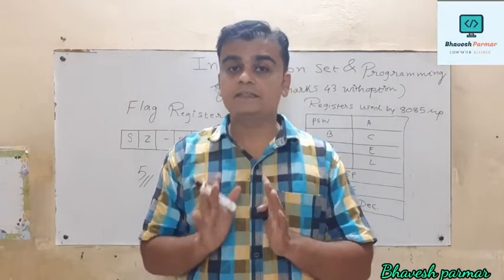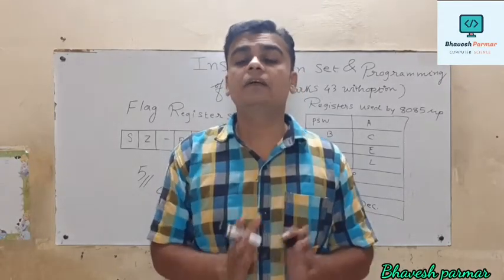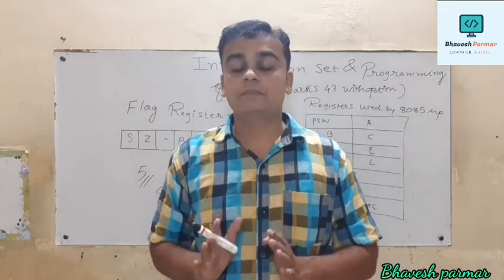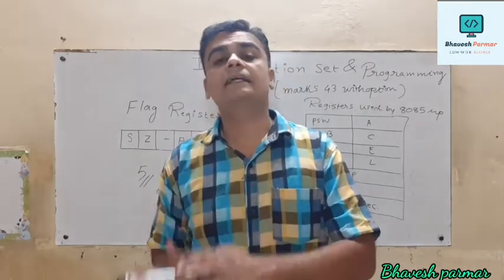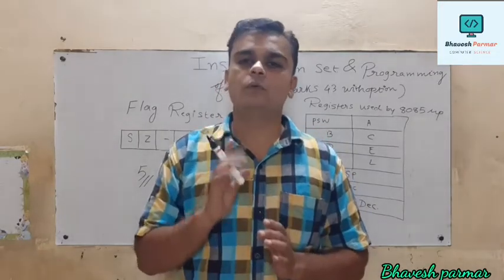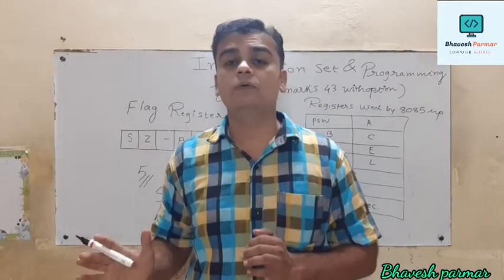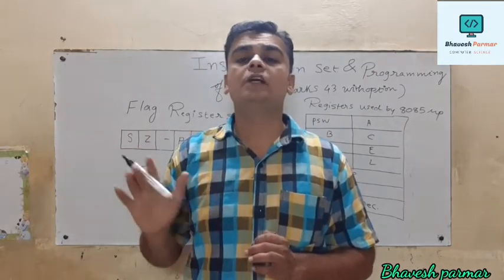Means in that case, to change Z flag to 1, what is the essential thing? Your result consists of all zeros. Okay guys, means your answer is 0, and in that case your Z flag is set to 1.